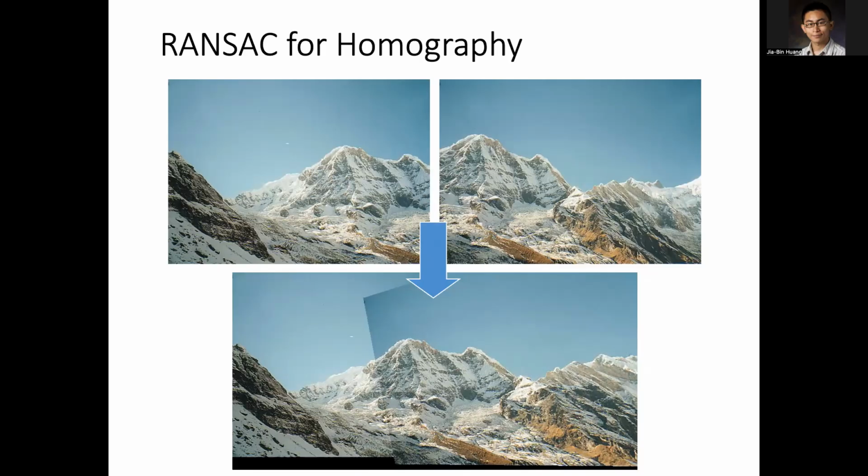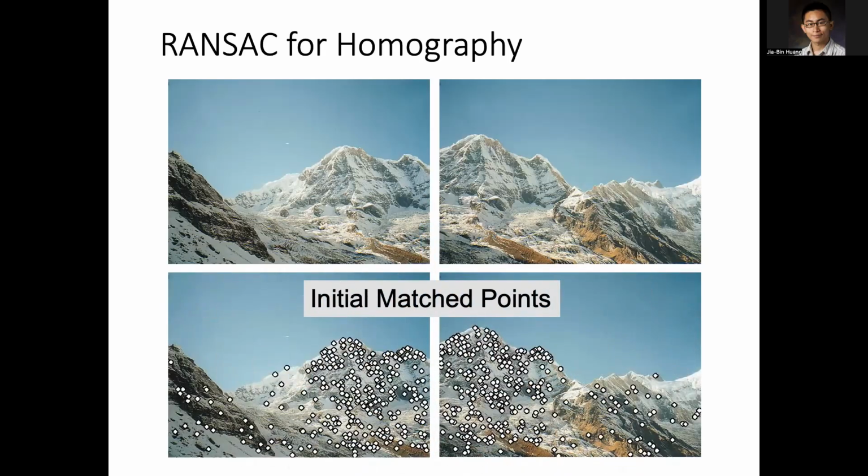So the right homography will have the most inliers, and therefore that's how you can get rid of the incorrect matches. Because now you can see that there are many incorrect matches at the beginning. All these points are impossible matches, because you don't see them in the first image.